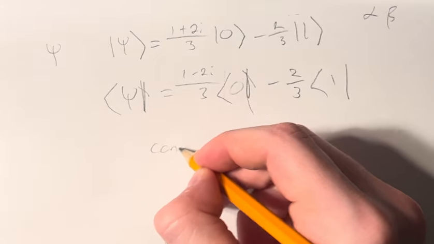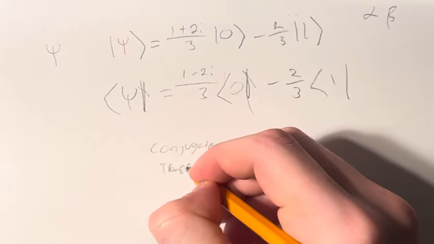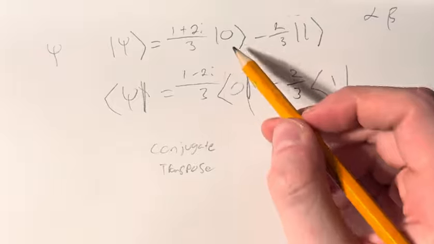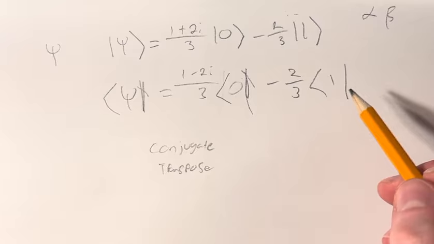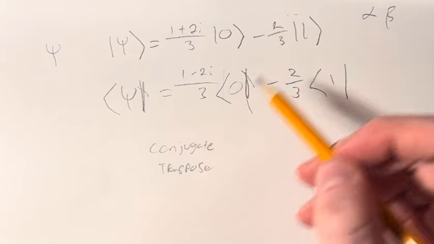The conjugate transpose definition just means that instead of dealing with kets, we're now dealing with bras, and we are taking the complex conjugate of each of these elements.